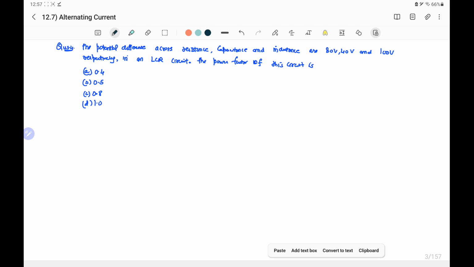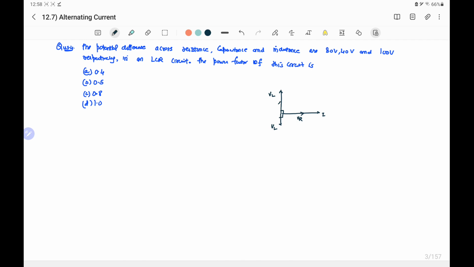The power factor of the circuit is, if we draw the phase diagram, this is the current. Voltage across the resistor is in phase with the current, while the voltage across the inductor is 90 degree ahead of the current, this is VL, and voltage across the capacitor lagged behind the current by 90 degree.